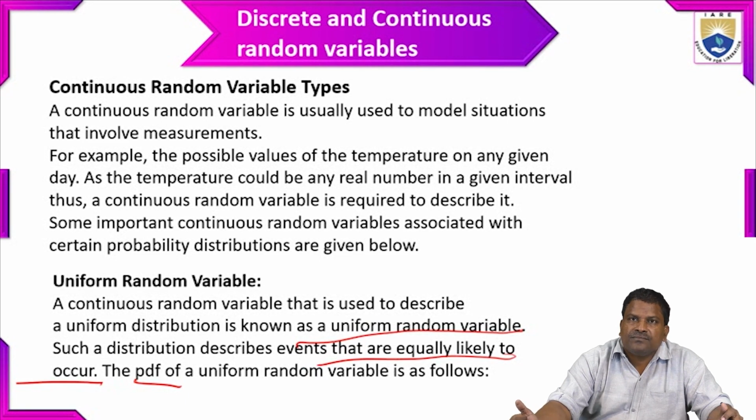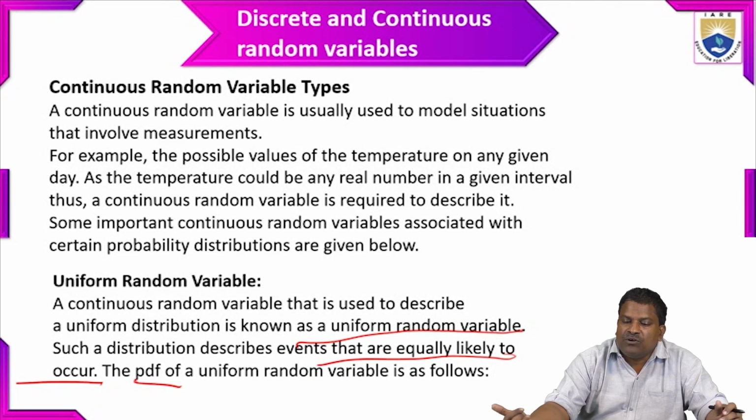So, the continuous random variable types. Once again, let us see. A continuous random variable is usually used to model situations that involve measurements. For example, the possible values of the temperature on any given day, as the temperature could be any real number in a given interval.